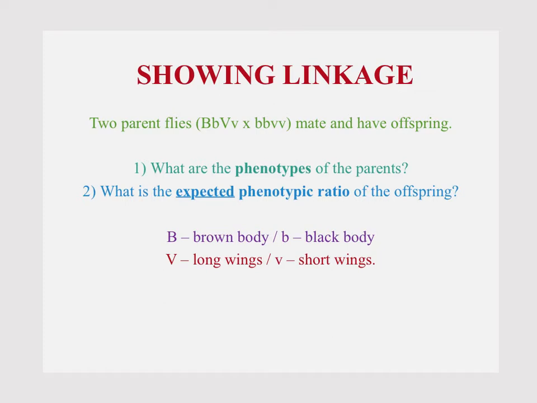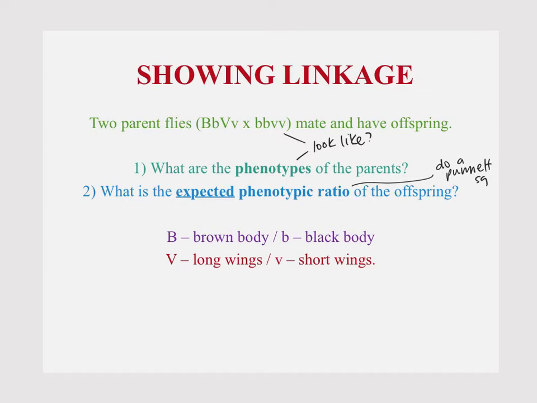Okay, now that's a really wordy way of saying what do the parents look like, and you can use the key for that. And what is the expected phenotypic ratio? That's do a Punnett square. Okay, so pause and then come back when you're ready, and we'll show you how to do the answers.